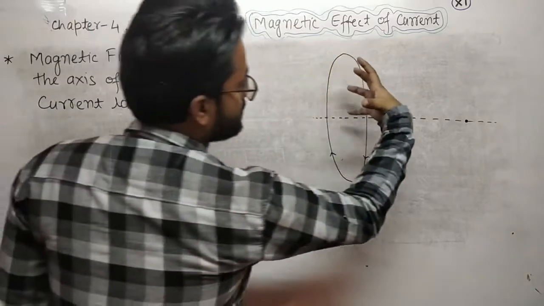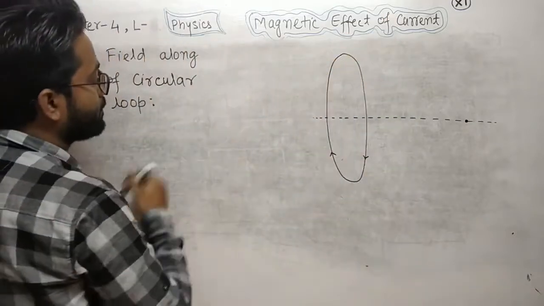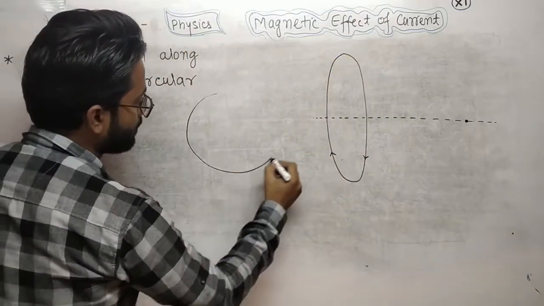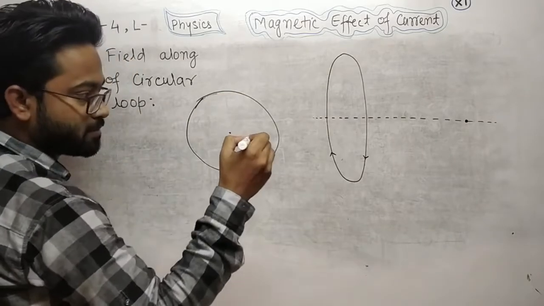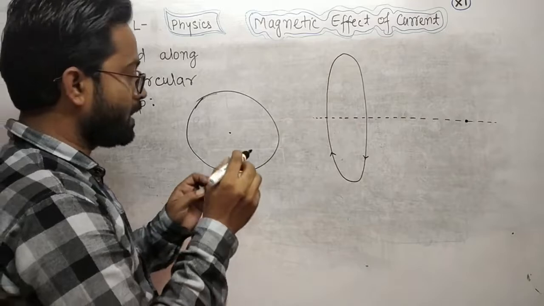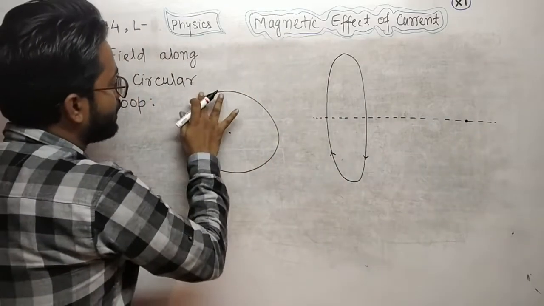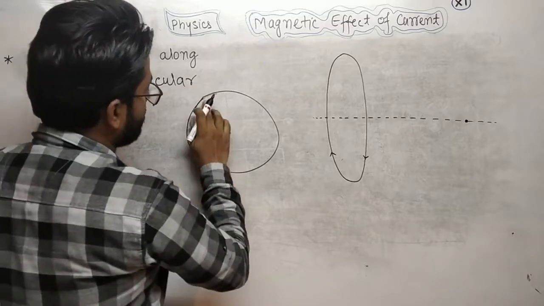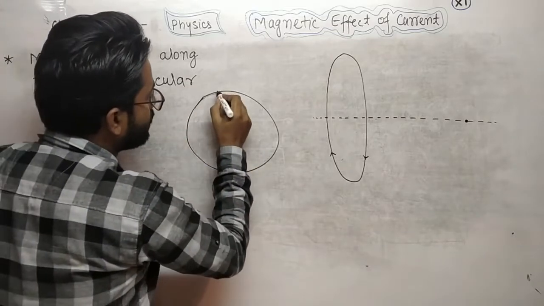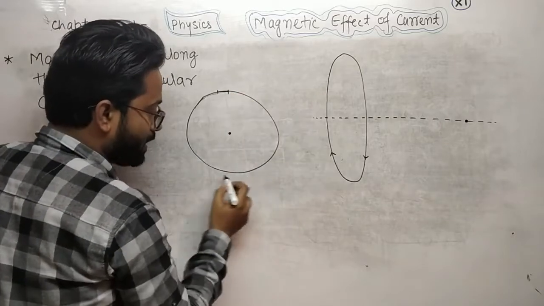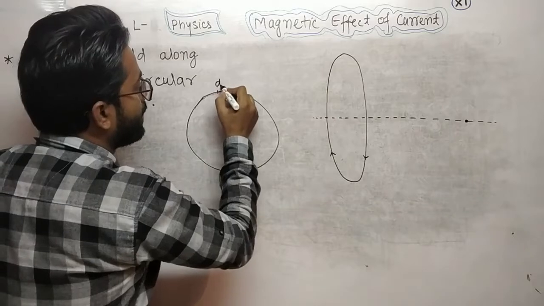Let us suppose this circular current loop is here, this is the axis, and this is the point where we need to calculate the field. Before calculating the magnetic field at that point, we need to break the circular part into very small dl parts.